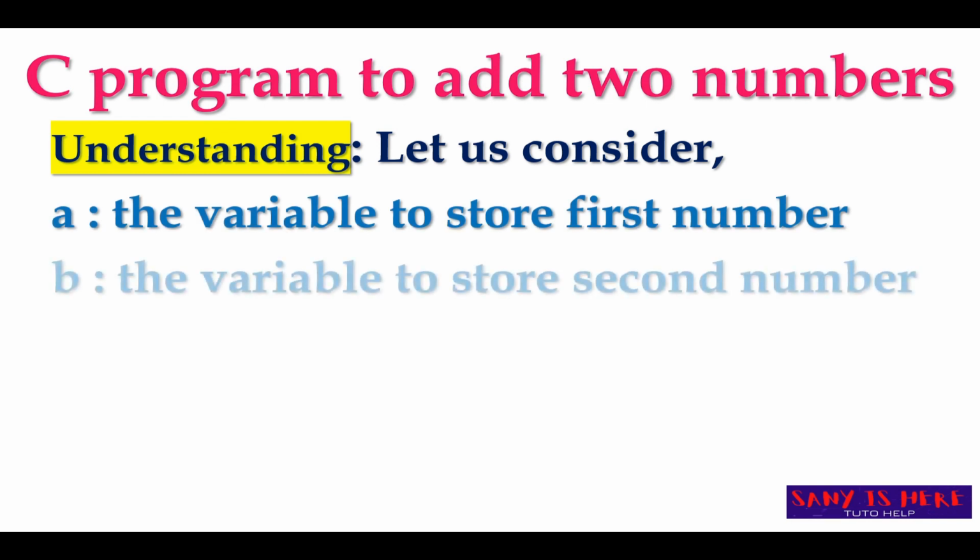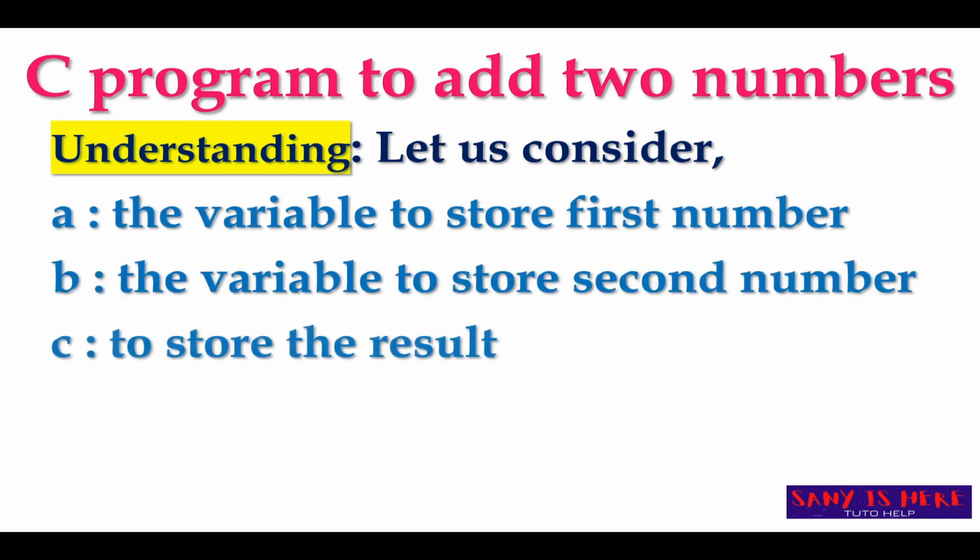Let us consider A is the variable to store the first number, or you can use any name. B is the variable to store the second number, and to store the result I am using the name as C. A, B, C are containers. A, B, C are variables.